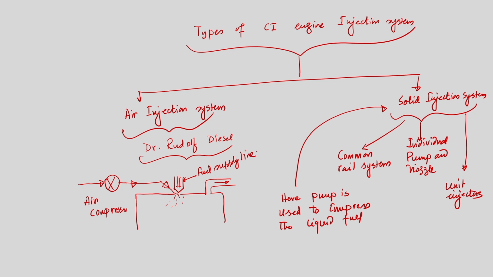Fuel is taken through the fuel supply line to this point, and when fuel is coming out from the fuel supply line and the high pressure air supply line, the high pressure air is used to sweep the fuel into the cylinder, and it is also used to atomize the fuel into finer fuel droplets. So, this was the concept of the air injection system.